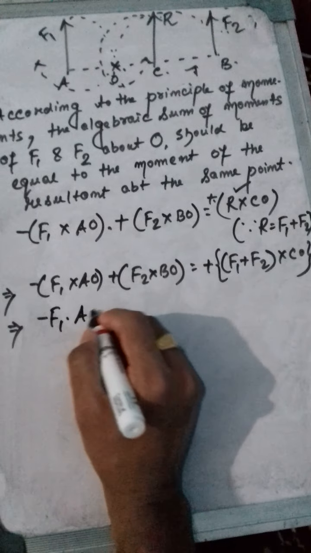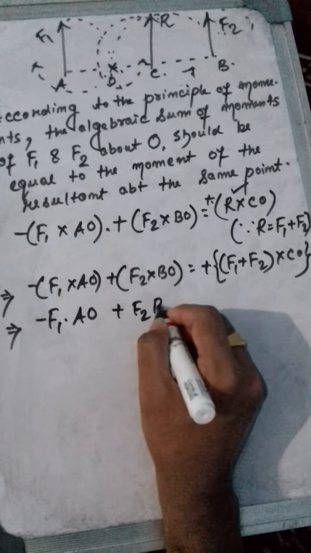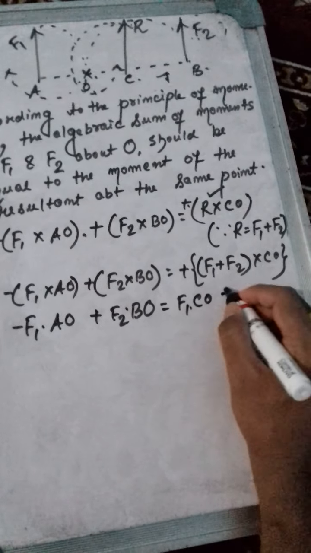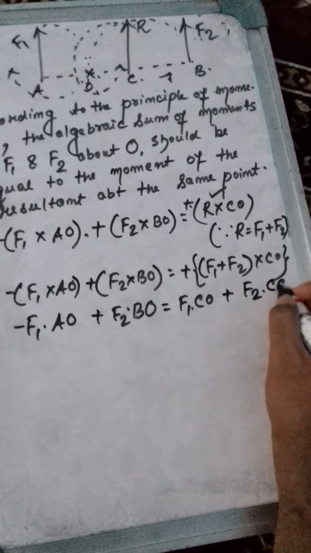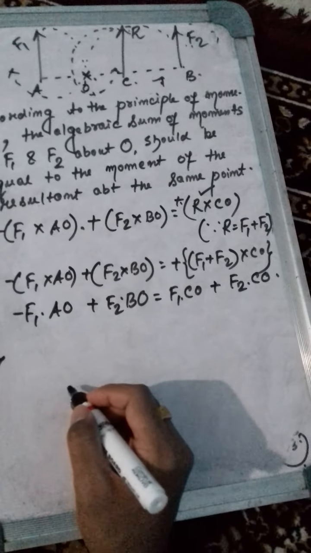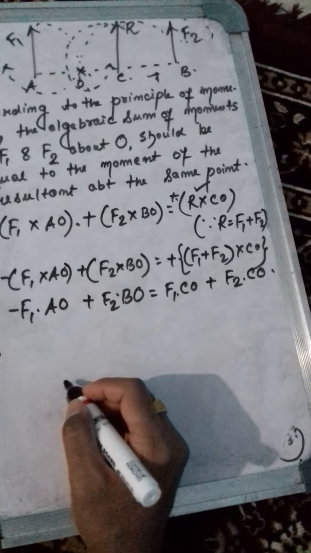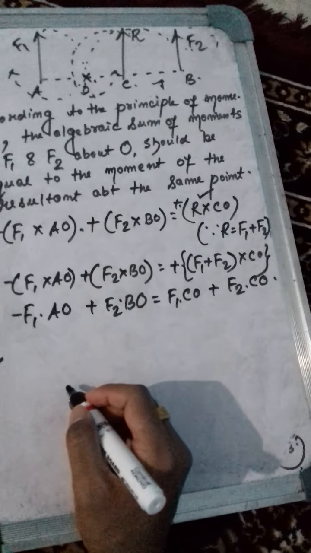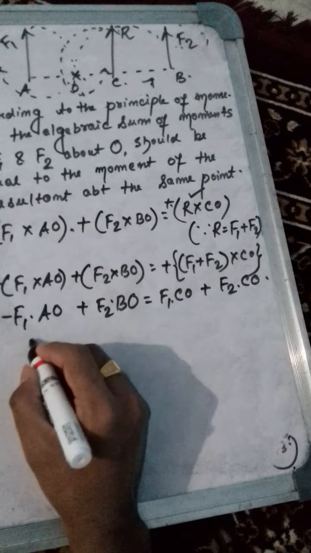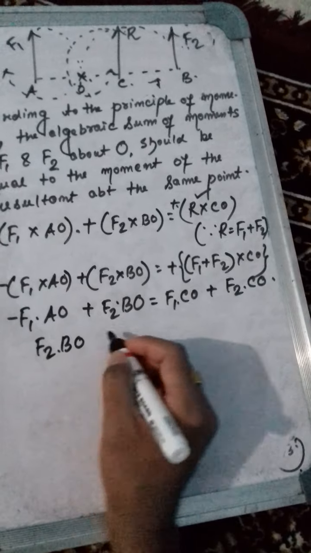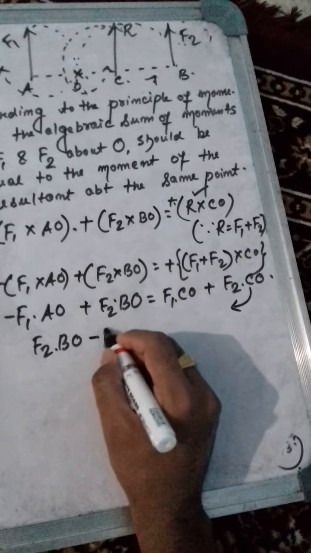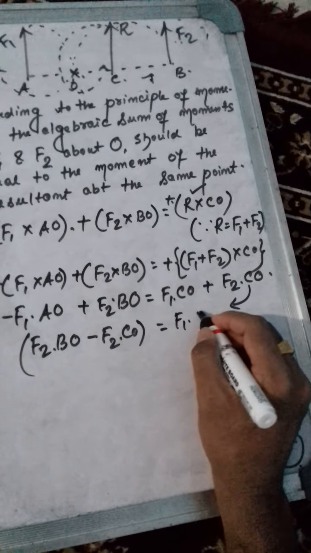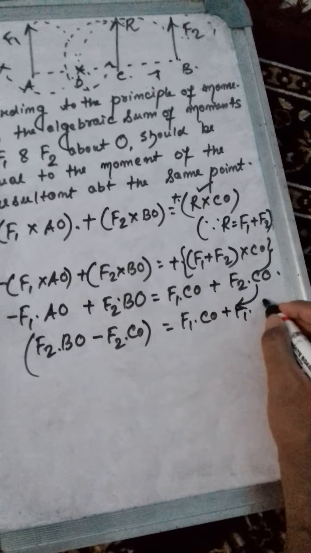Minus F1 into AO plus F2 into BO is equal to F1 into CO plus F2 into CO. Taking F1 to one side and F2 to the other side, we get F2 into BO minus F2 into CO equal to F1 into CO plus F1 into AO.